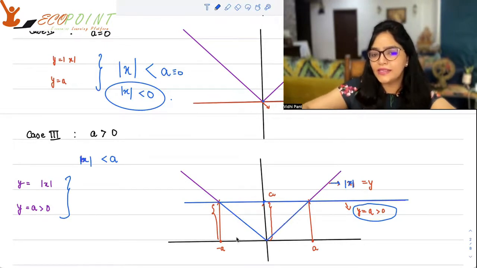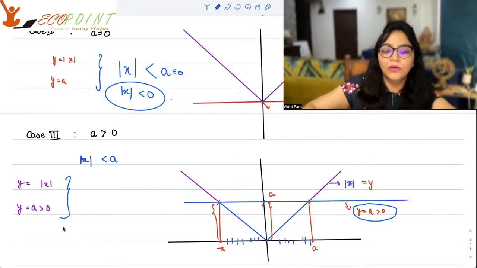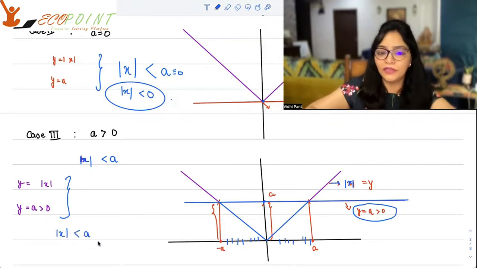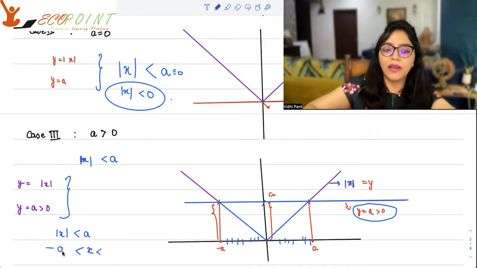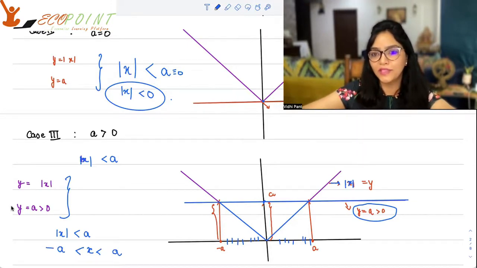What x's are these which are generating this part of the graph? All the x's between minus a and a. So modulus of x is less than a. Clearly, graphically, I can see when x is lying between minus a and a, these are the points where the absolute value will be lesser than a.